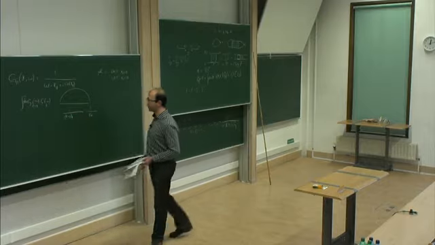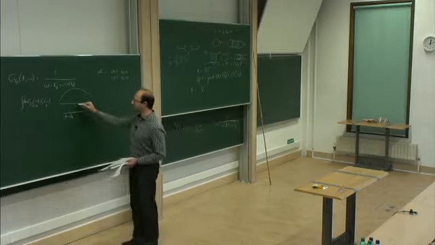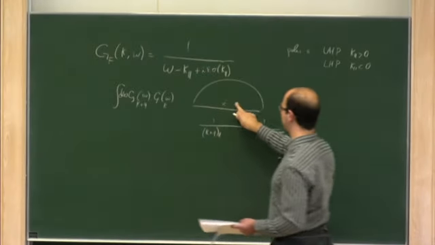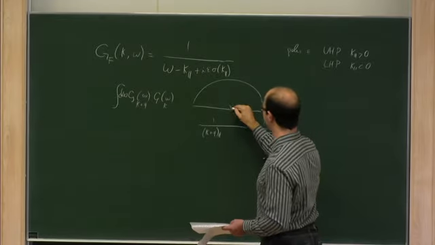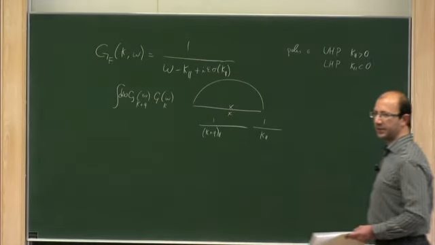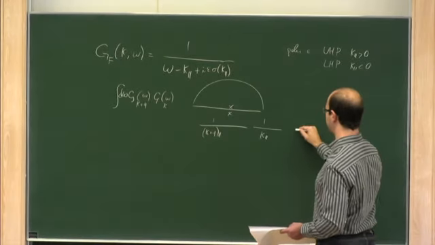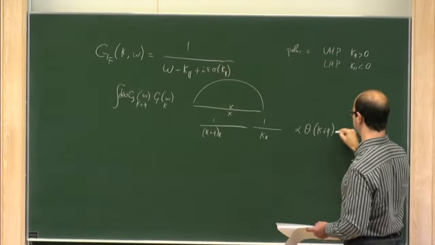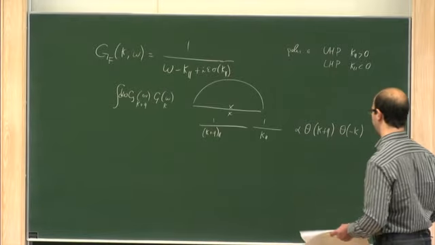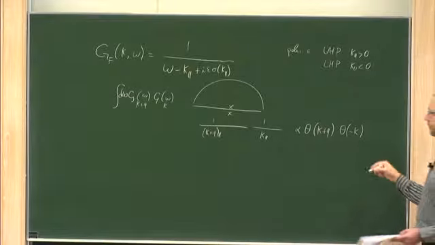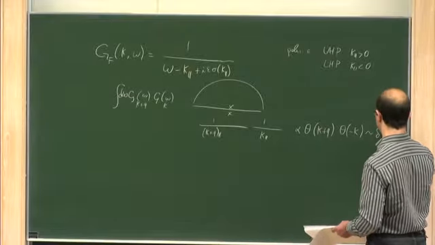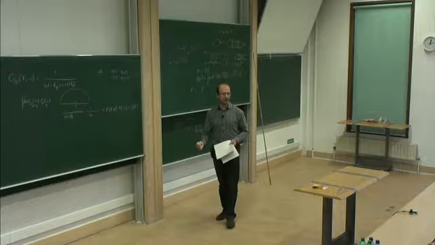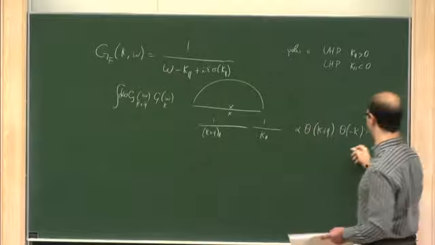The configuration of the poles can change. So if you have two poles inside the contour, in this case the residues cancel and you get 0. If they are both outside, of course you get 0, and you get contributions only if one is outside and one is inside. So this will be proportional to theta of k plus q, theta of minus k. And if you expand for small q, that basically gives you a delta of k.